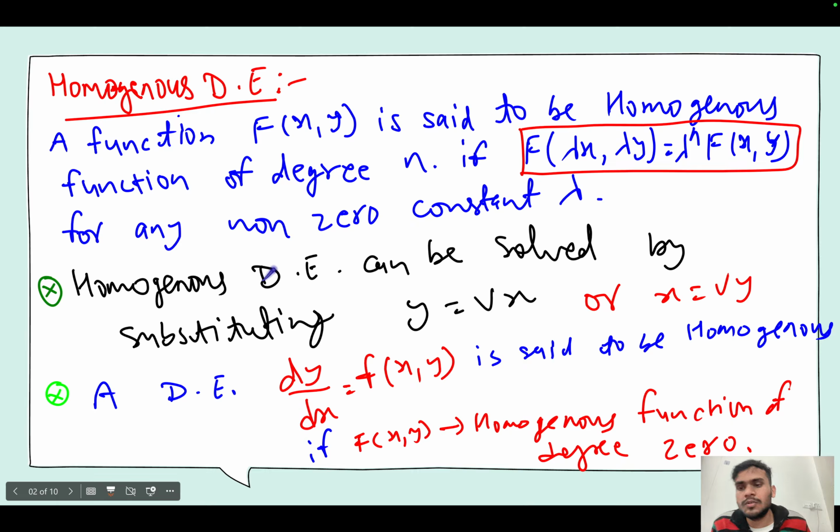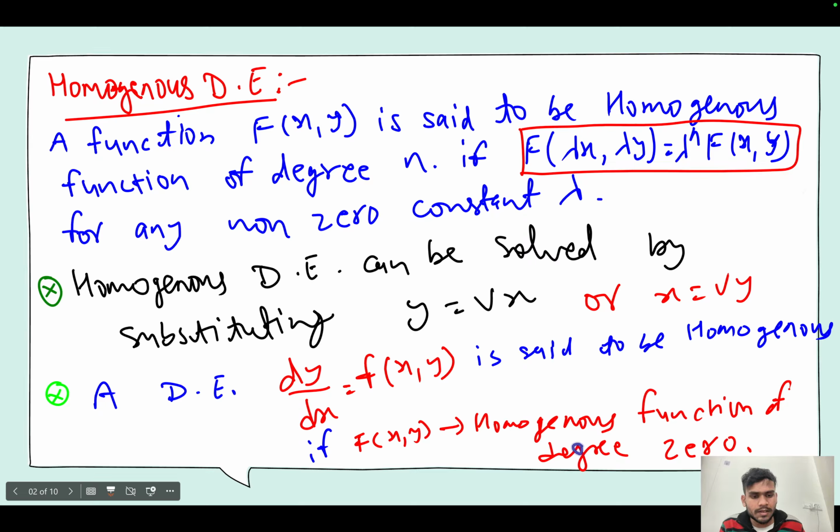Now, what is a homogeneous differential equation? A differential equation dy by dx equals f(x, y) is said to be a homogeneous differential equation if f(x, y) is a homogeneous function of degree 0. What is the meaning of it? As you can see, here is λ to the power n, and n is the degree.